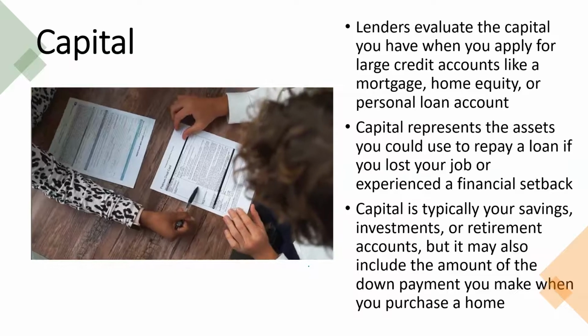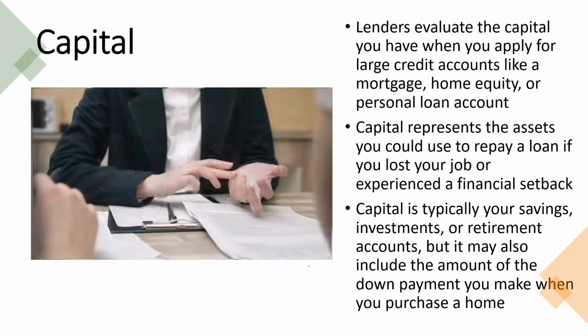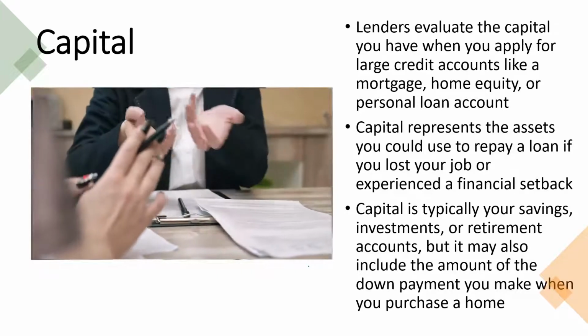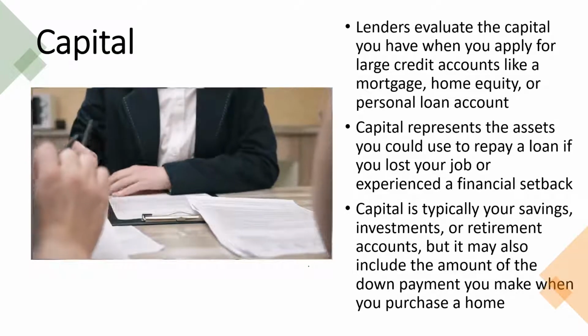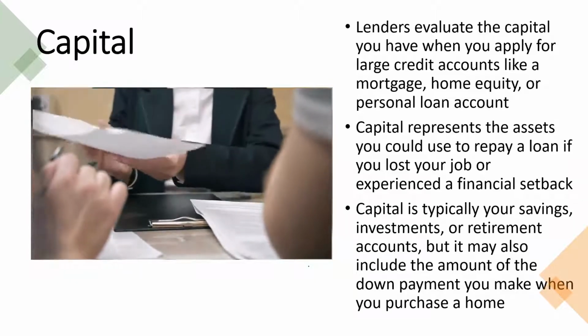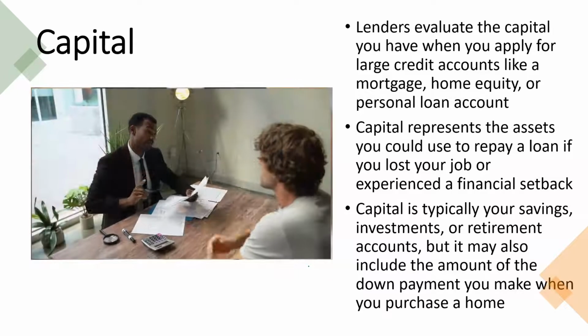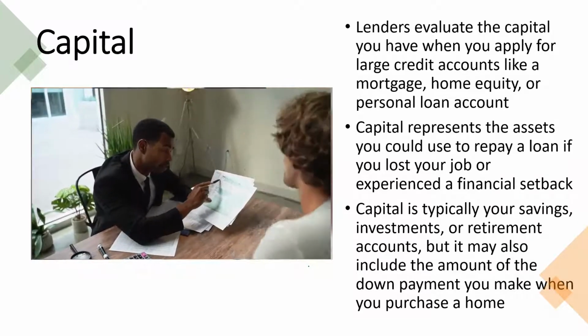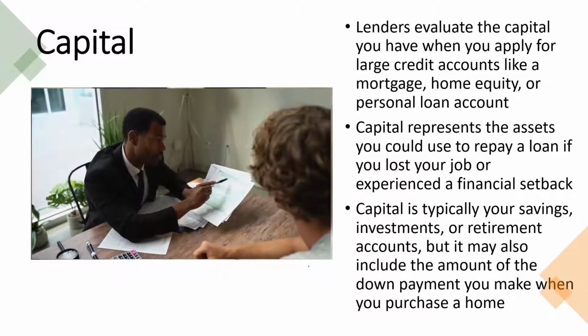Note that when getting a loan, your capital might be fairly limited. That's why you're getting a loan. You could be in a situation where you have money in a savings account, but you don't want to dip into it. You want to take out a loan instead. Or you have investments or retirement accounts, which might be locked under the umbrella of an IRA, 401k, or 403b.